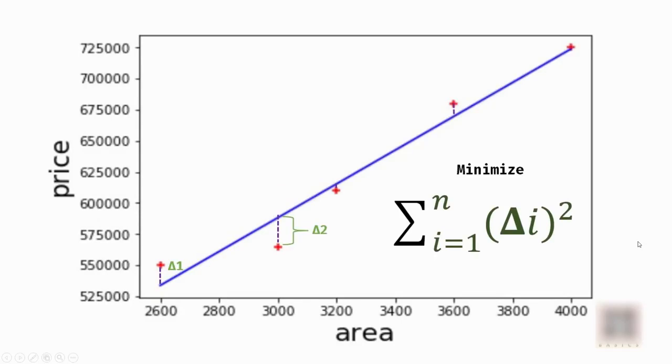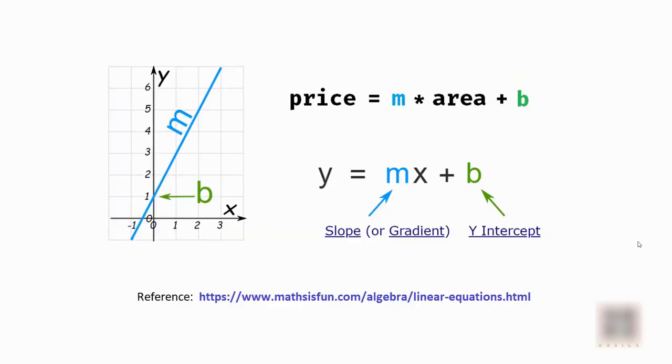Now if you remember from your algebra class during your school days, you have probably learned linear equations, which look like y is equal to mx plus b, where m is the slope or gradient and b is an intercept.